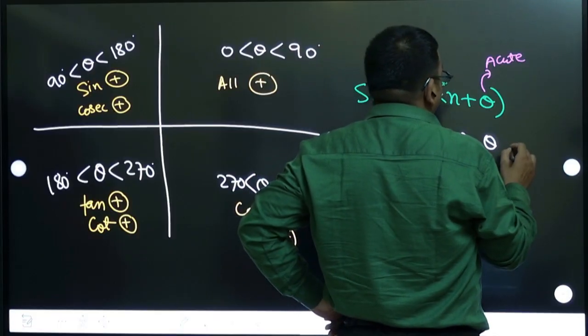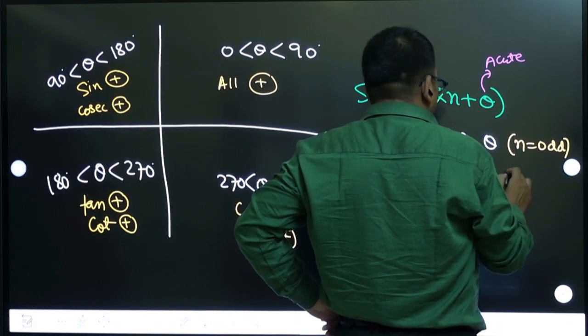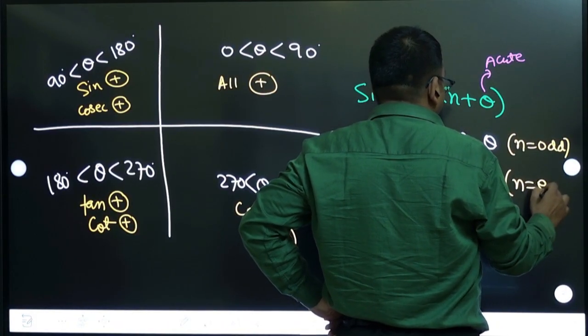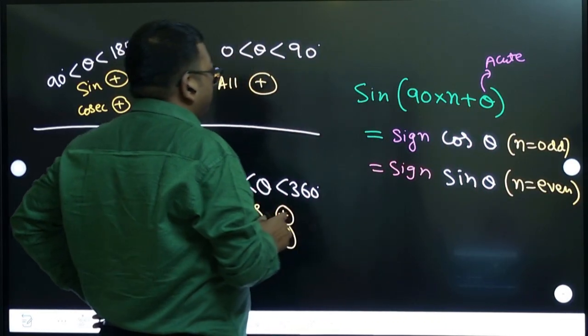The sign plus or minus we of course write based on the quadrant. But the cos theta or sin theta conversion will happen if n is odd, and it will not convert if n is even. Right, let's take an example.